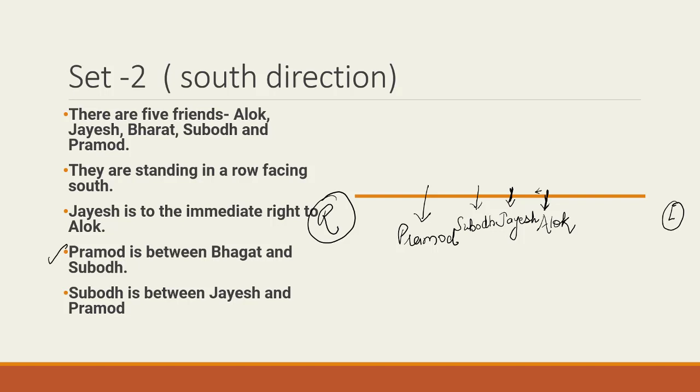Pramod is between Bhagat and Subodh. That leads me that Bhagat is here. So this is how the arrangement looks like. They're all facing south, and if we are reading from right to left, Bhagat, Pramod, Subodh, Jayesh and Alok. That's how the arrangement should look like.